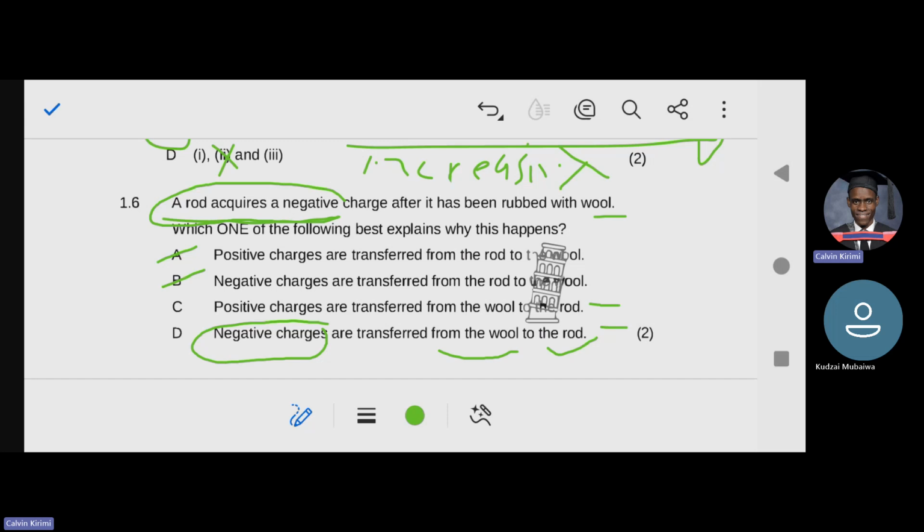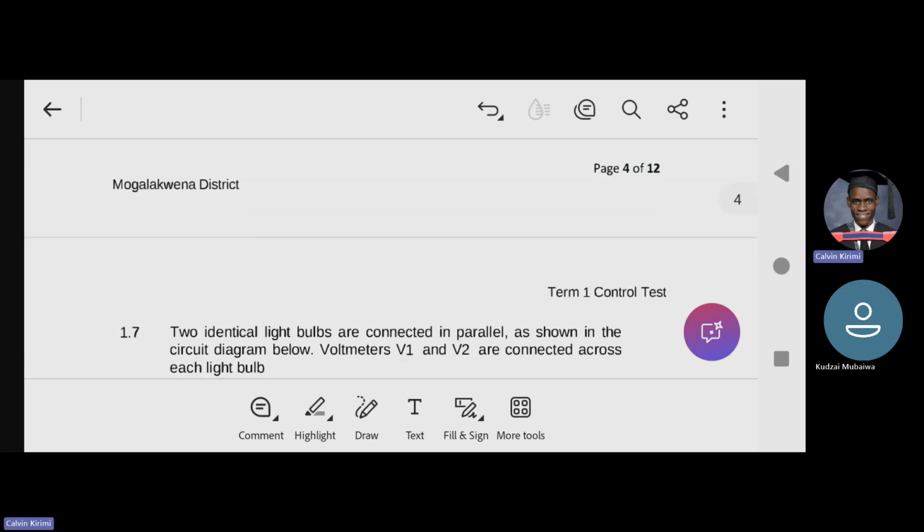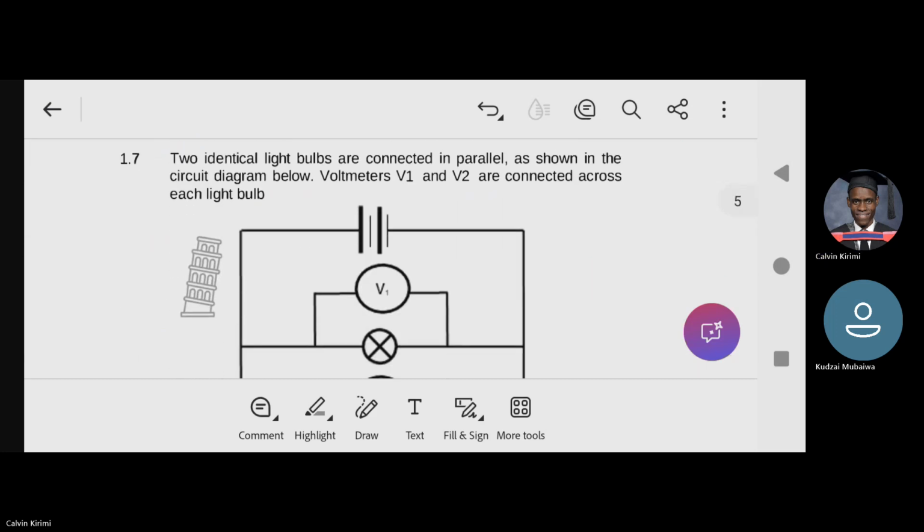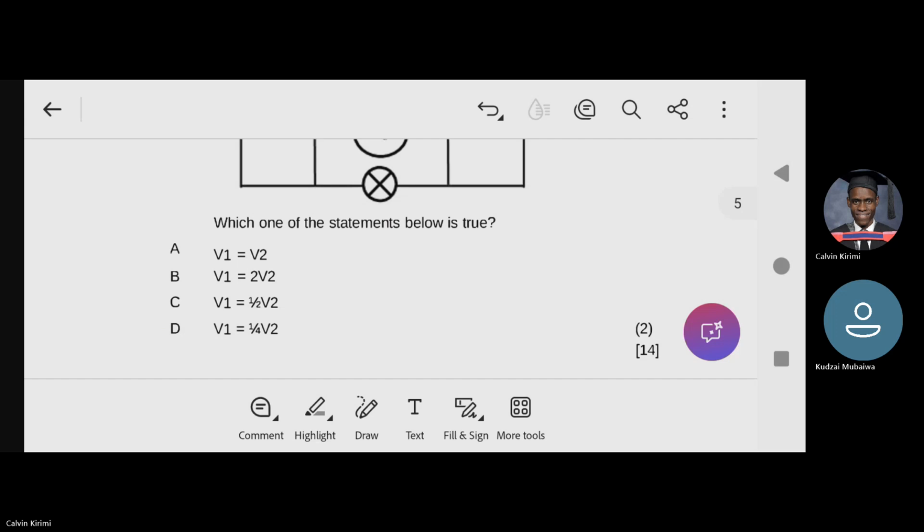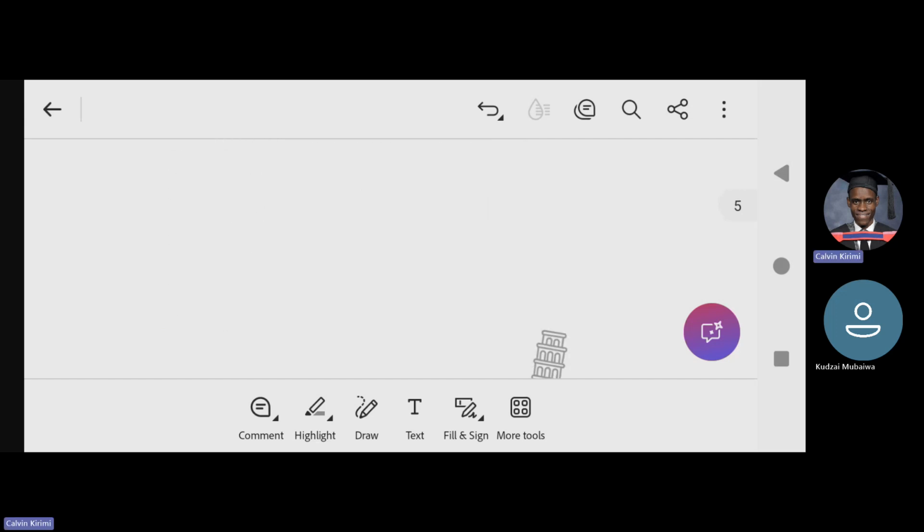Then you know that C is out. Then the answer is D. Can you see how we are reasoning? So this is how you eliminate. You first pick a stance, eliminate some, and automatically your answer will come.